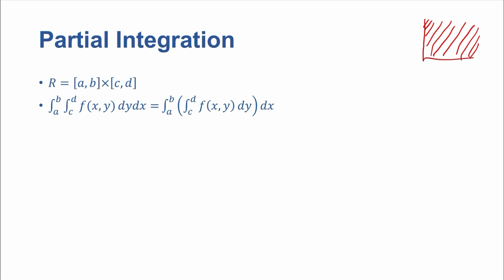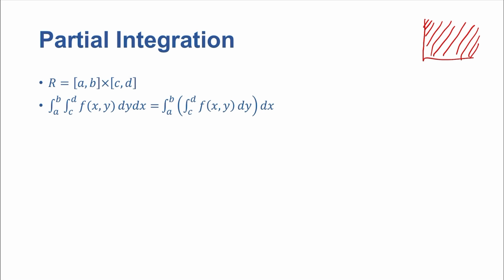I can take the first integral from a to b, and then the second integral from c to d of my function f of x and y, with respect to y and then with respect to x. So that's our double integral.